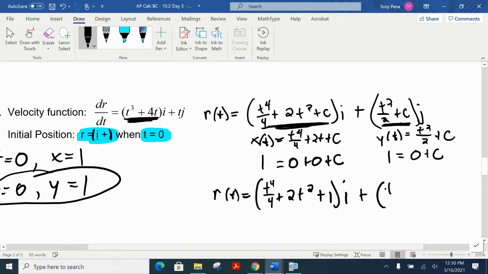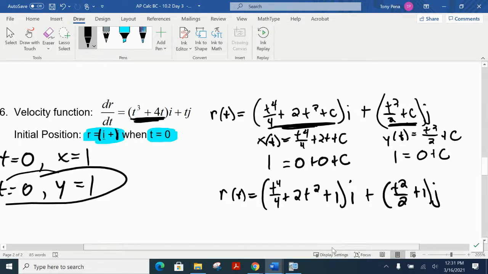So then we would write this as t squared over 2 plus 1. We can now get our y position anytime we want it. Okay. Hopefully feeling this isn't too bad. It's just more work. You see one problem, but you're really doing two. But it's largely the same thing we've been doing. So that's the integration of a vector.